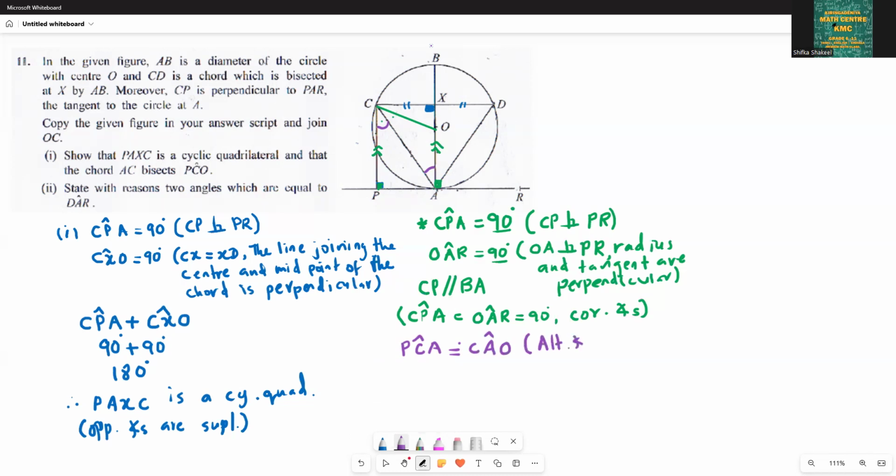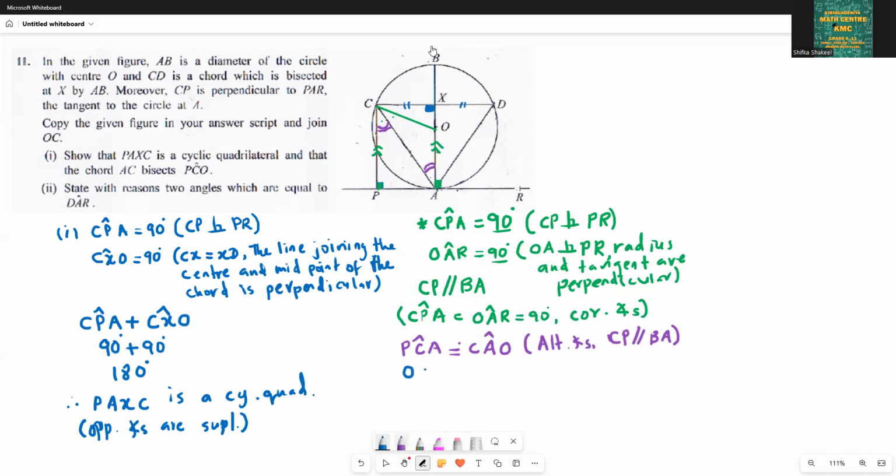Why are alternate angles forming, children? Because of parallel lines. We proved CP is parallel to BA. Because of parallel lines, these two angles are alternate angles. Alternate angles are equal, the Z shape.